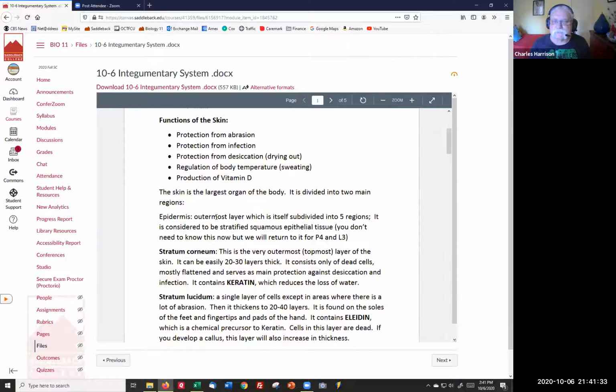Protection from desiccation, which is drying out. Your skin has a lot of chemicals in it, especially one called keratin that acts sort of like a wax to keep the water on the inside. Of course, when you need to cool down, regulate your body temperature, water can exit through the pores and cool you off through sweating.